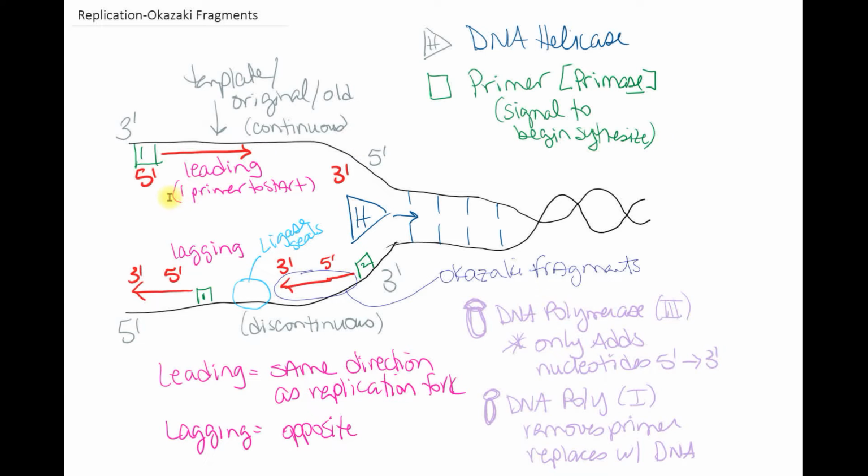So when it gives that signal, it's going to start building, going from 5' to 3'. Remember, they have to be anti-parallel. So it's going to start attaching nucleotides, matching up, so this may be G and C, T and A, etc.